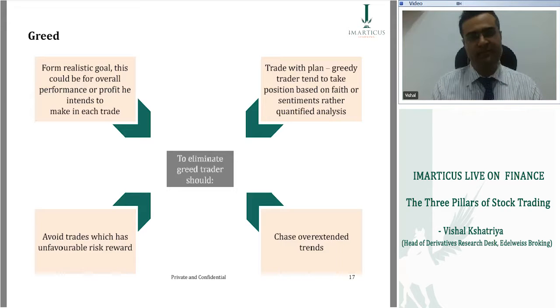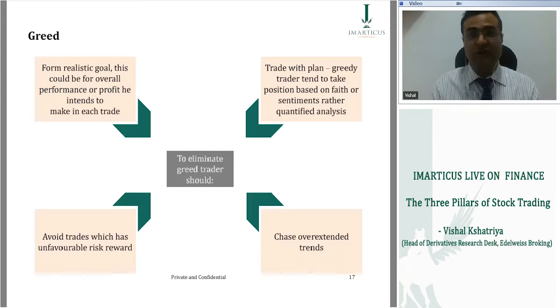But it has the potential to move up 10 rupees, while it can also move down 50 rupees from here. So what is the risk you are taking? 50 rupees. What is the reward you are expecting? Just 10 rupees.